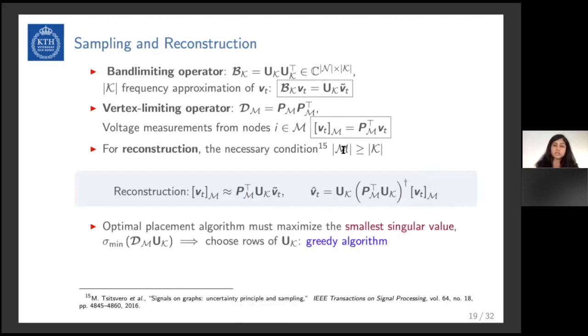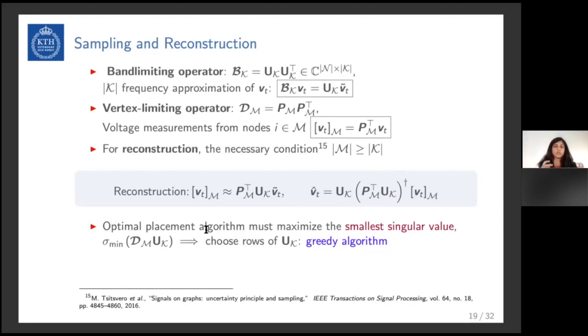And that's not sufficient, however, because you could choose any nodes of a graph, but you're not always going to have great reconstruction. Why is that? You need to choose these M placements of your measurement devices well, so that you can reconstruct better.